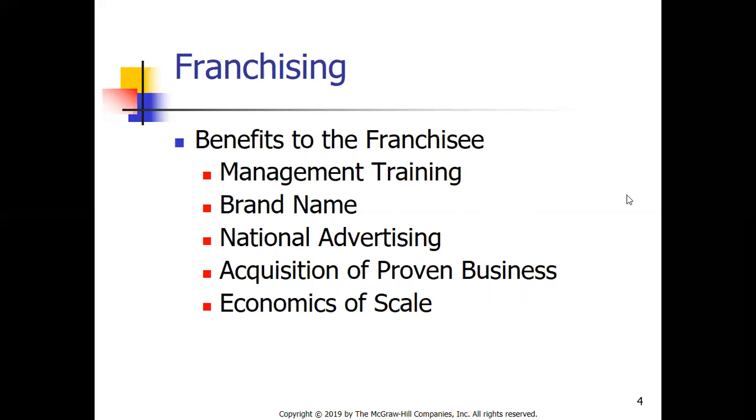Okay, so when we look at the benefits, these are the benefits that are listed. The first one is management training. Basically before you can engage with that particular franchise, you will be going for extensive training, with an objective. The first one, the franchisee becomes prepared to operate the business profitably.